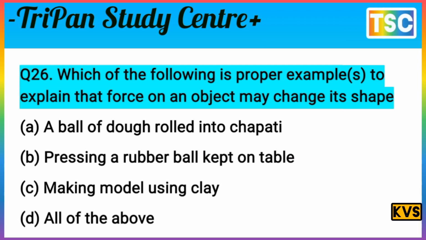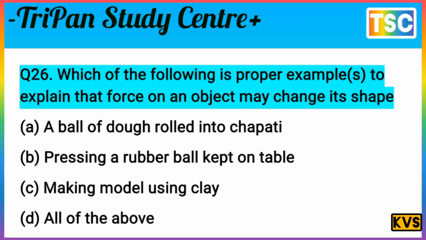A. A ball of dough rolling into a chapati. B. Pressing a rubber ball kept on a table. C. Making a model using clay. D. All of the above. The question is clear.